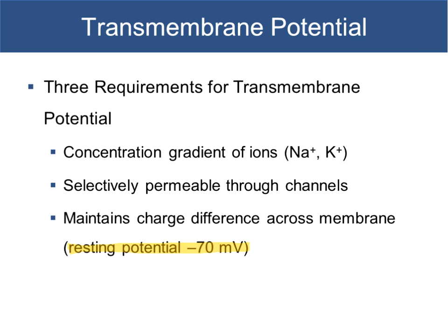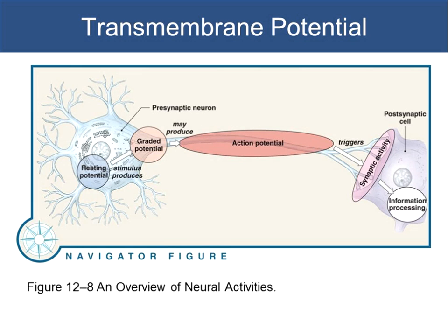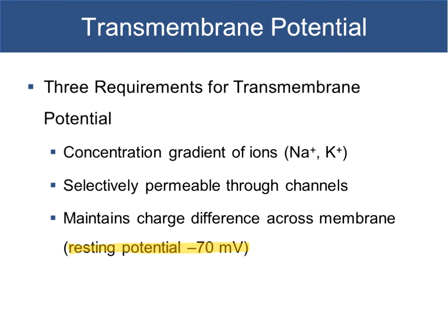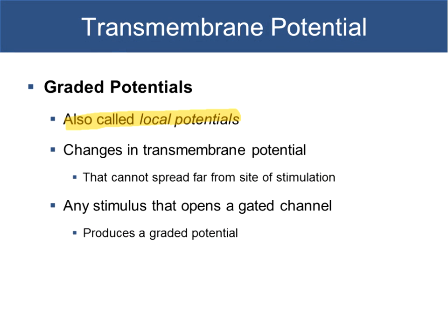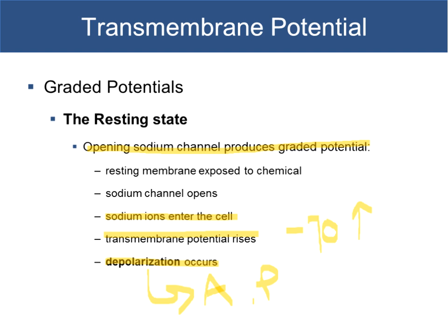And that's why we said way back here, graded potentials may or may not produce an action potential, because it has to be a pretty big change in transmembrane potential away from negative 70 millivolts in order for us to generate an action potential. But locally, just at this one area where you have those chemically, mechanically, or voltage-gated channels opened up by that stimulus, it's going to generate a graded potential.